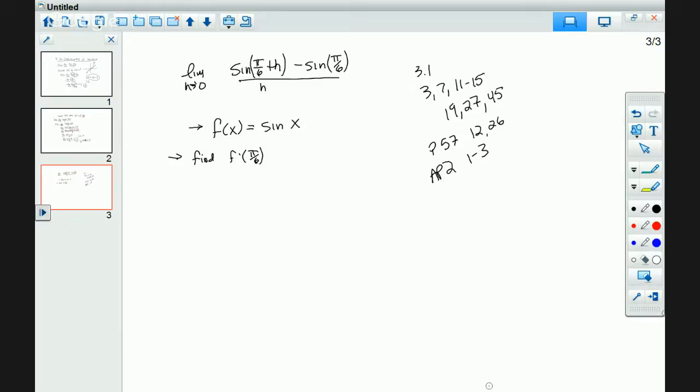The AP problems, you know where to find them, right? Yeah, that whole red section behind chapter 2. Those are all limits AP problems. Practice, practice, practice. This is how we get really good at them.